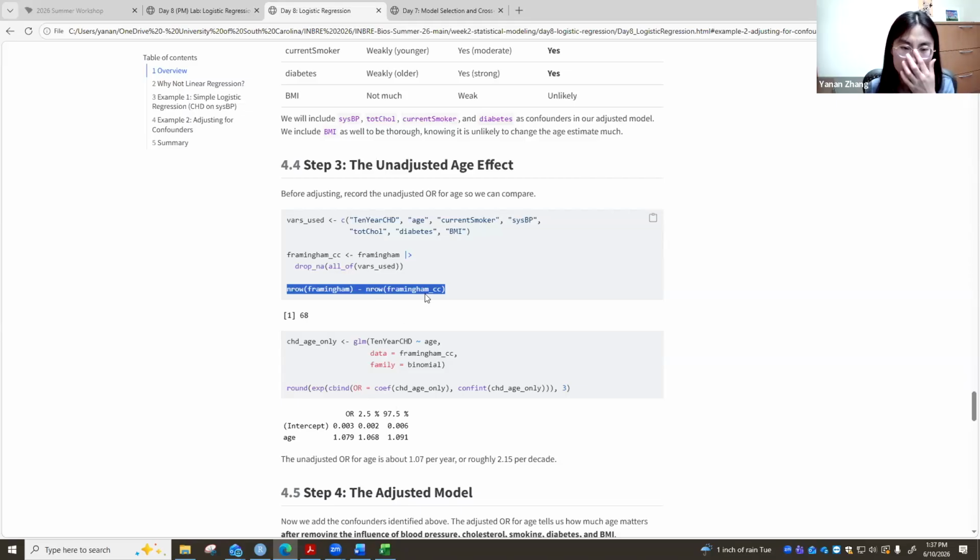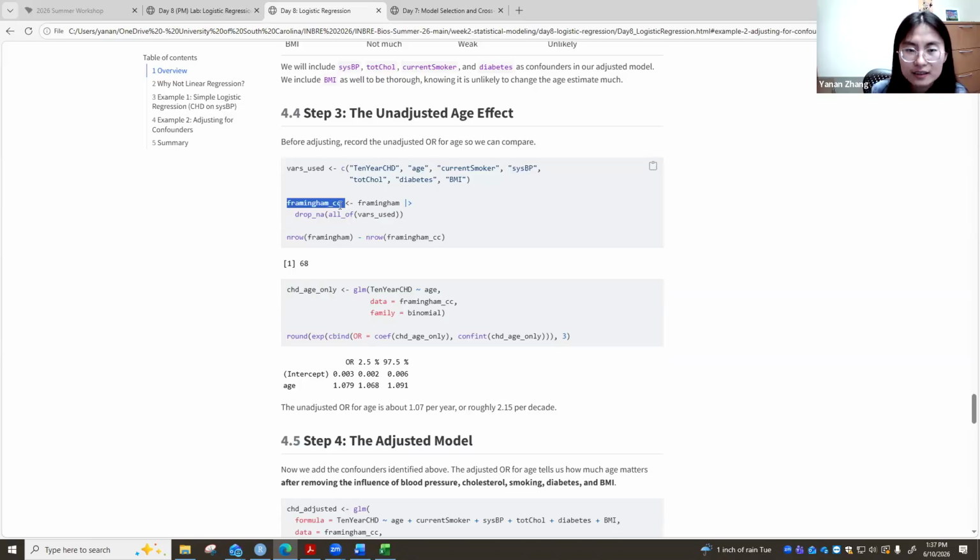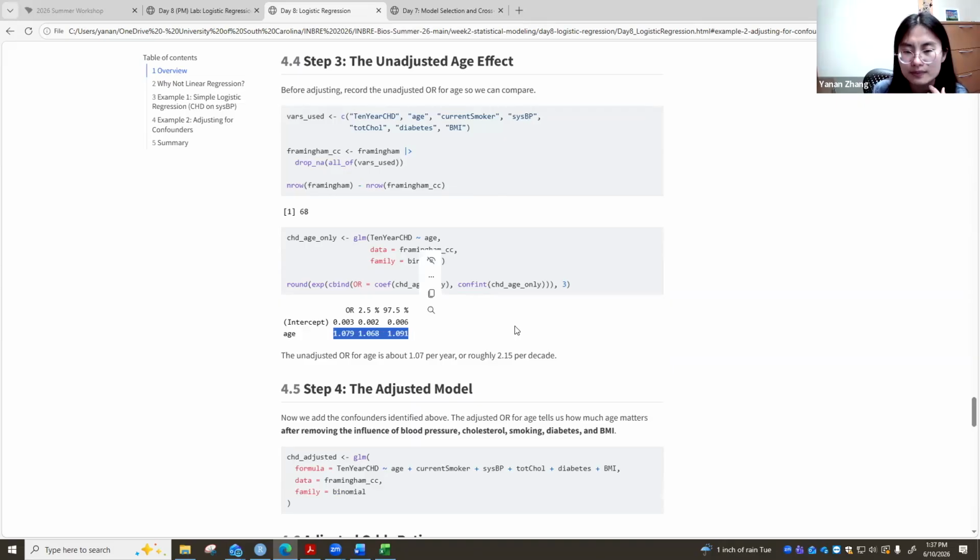And then with this final analysis dataset, we fit a simple logistic regression, and we calculate the odds ratio as well as the confidence interval for the odds ratio. Here are the results. How do we interpret these results?